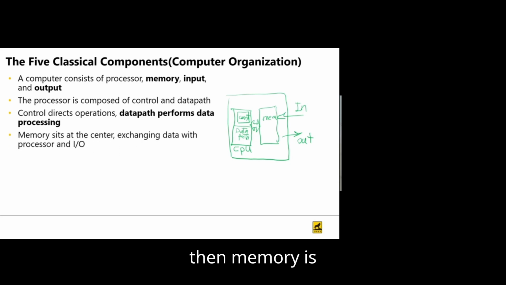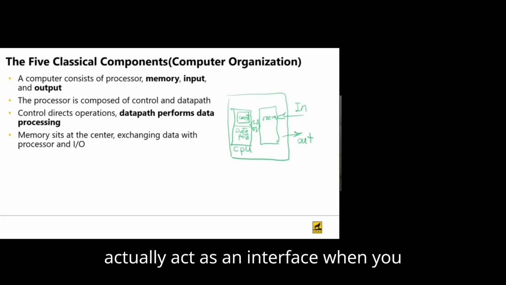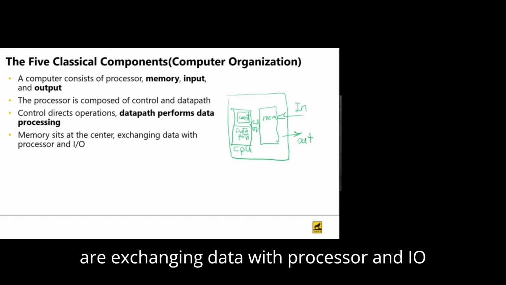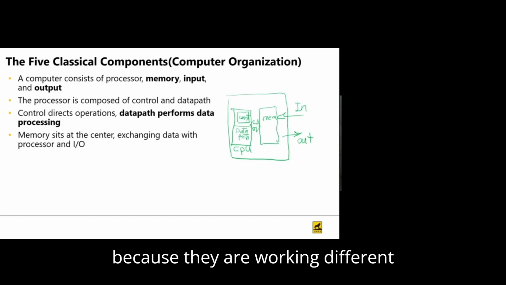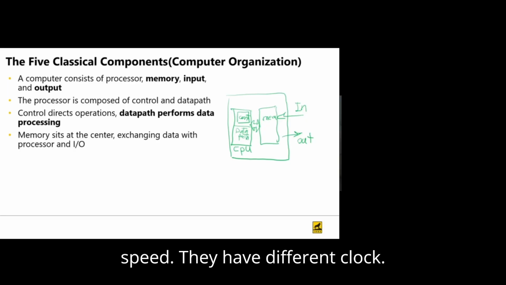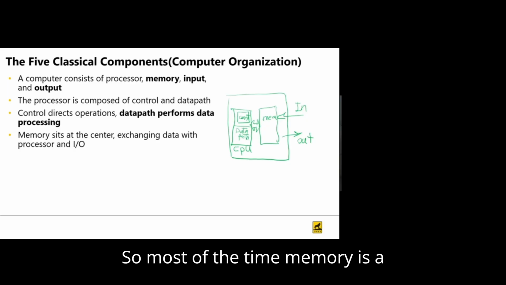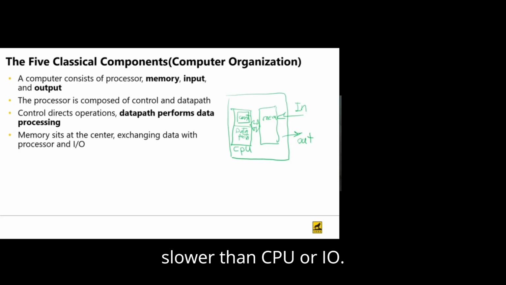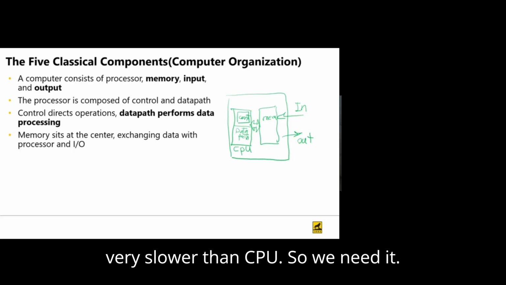And then memory is in between to store the result, or actually to act as an interface when you are exchanging data with the processor and I/O, because they are working at different speeds. They have different clocks. Most of the time, memory is slower than the CPU, and I/O, the inputs and outputs, are much slower than the CPU.